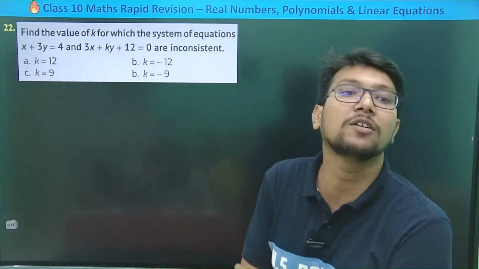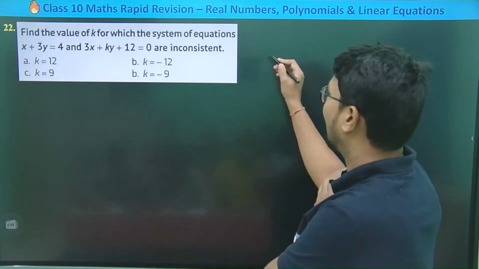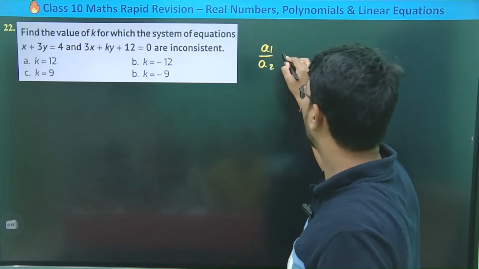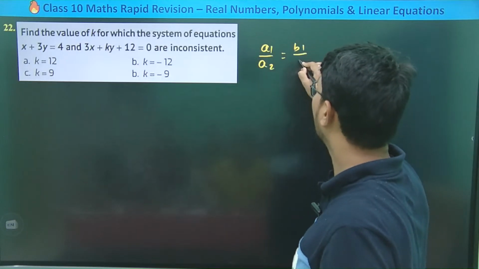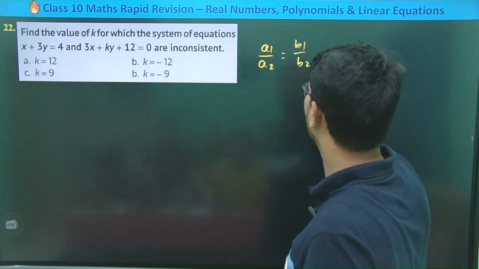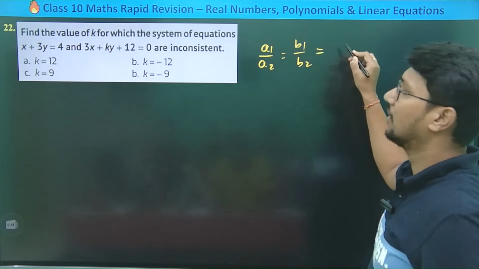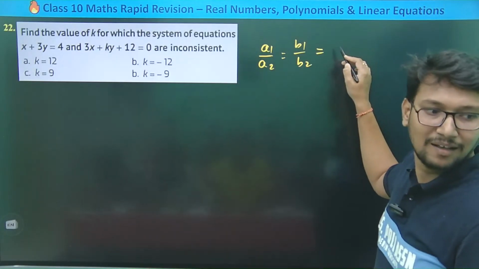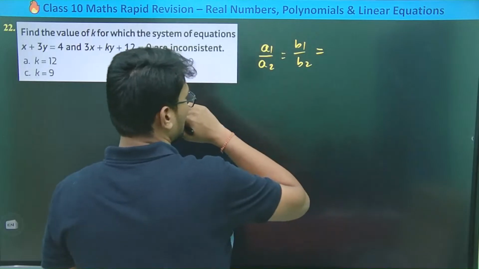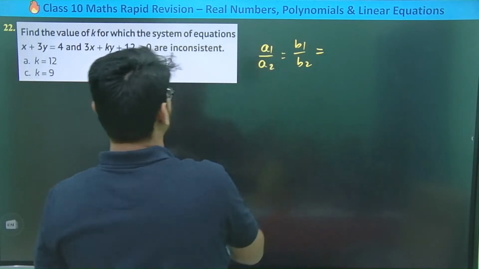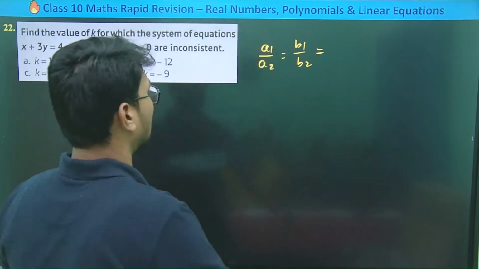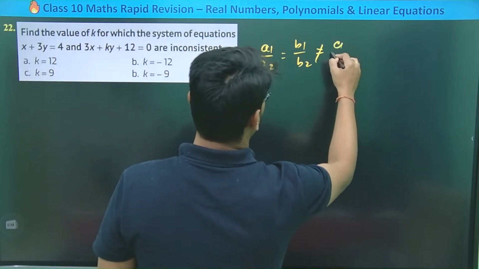Parallel मतलब condition क्या है? a1 by a2 equal b1 by b2. When inconsistent, that is not equal to c1 by c2.